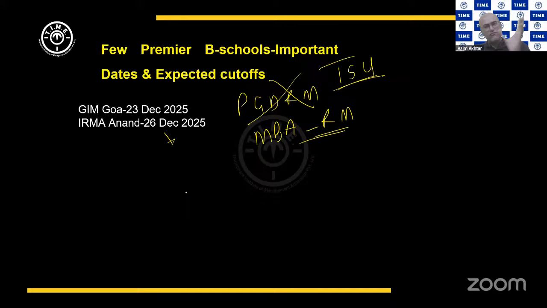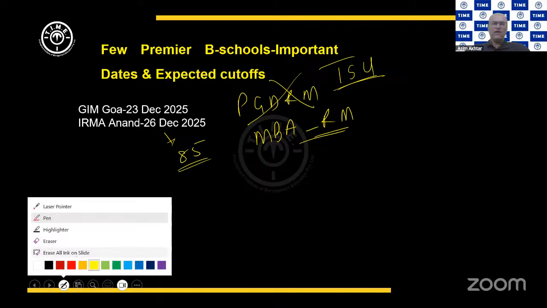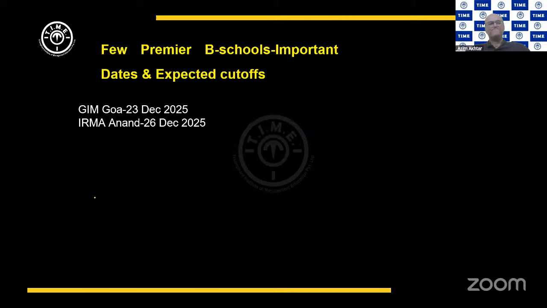If you have a dream of making a career in those domains, then do consider IRMA's MBA in Rural Management program. The cutoff is expected to be around 85 percentile in CAT. So if you are expecting that, please go ahead and apply to them without fail.